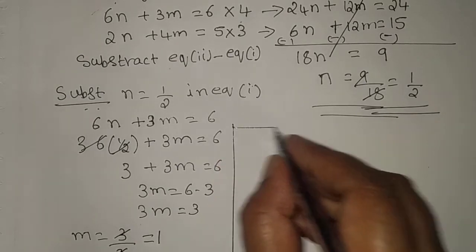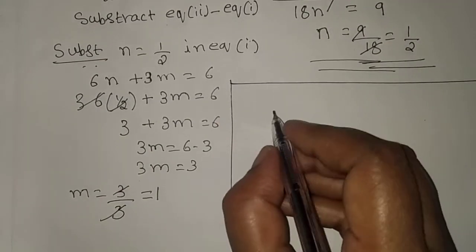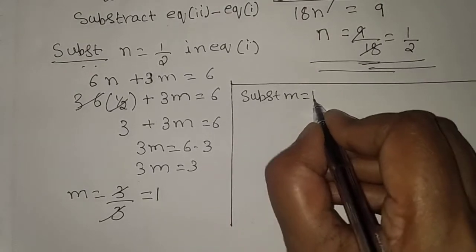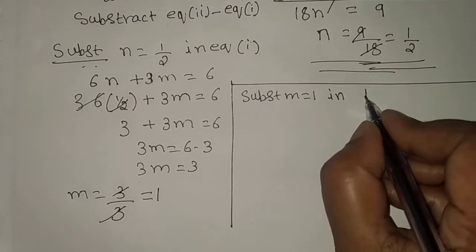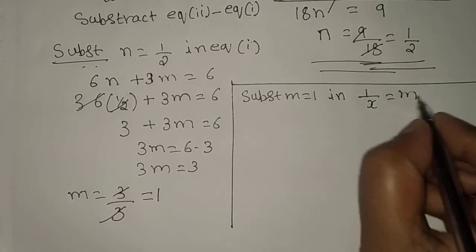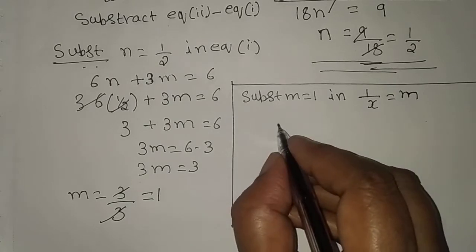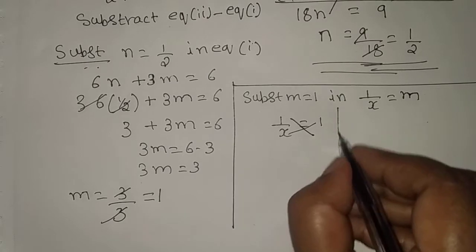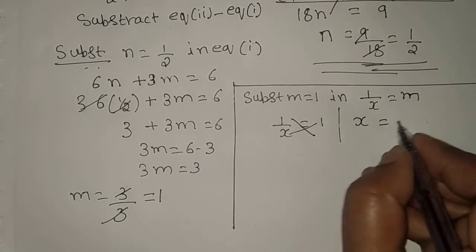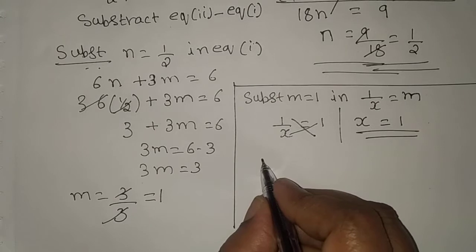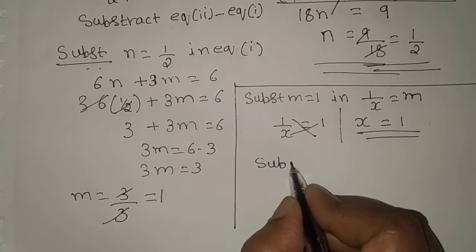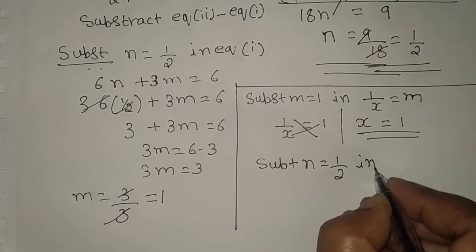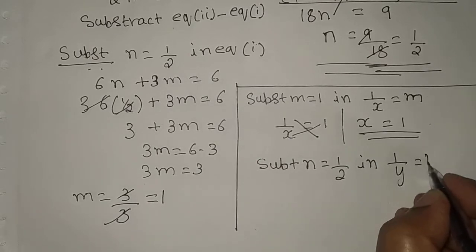So now the next step is substitute m is equal to 1 in 1 by x is equal to m. Therefore 1 by x is equal to 1. Then cross multiply this. After cross multiplying, we get x is equal to 1. Next step is substitute n is equal to 1 by 2 in 1 by y is equal to n.